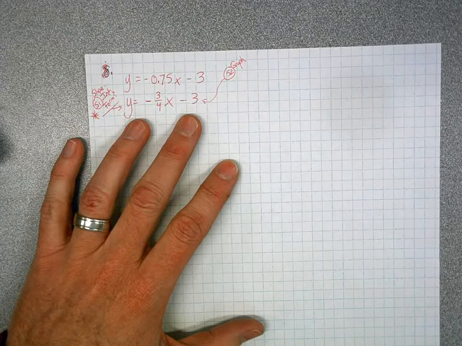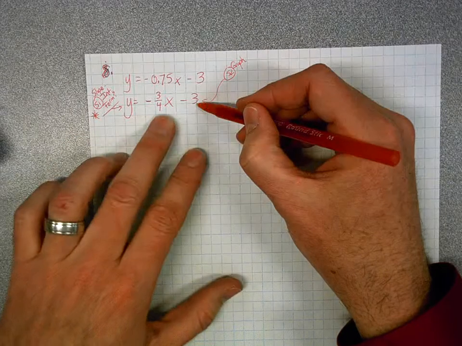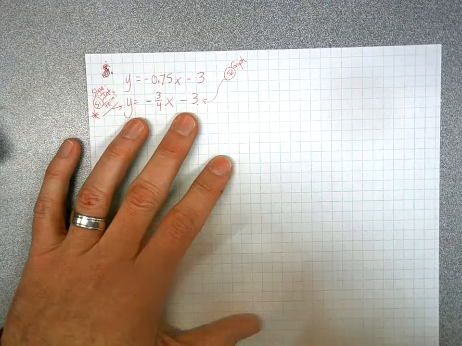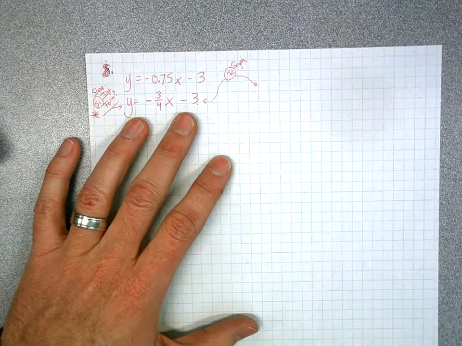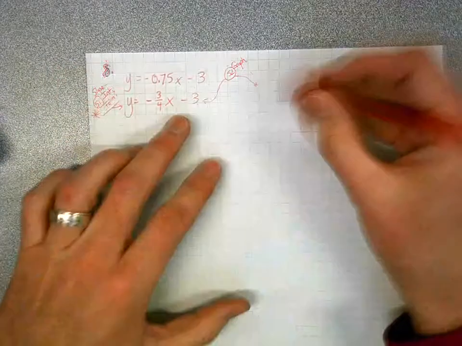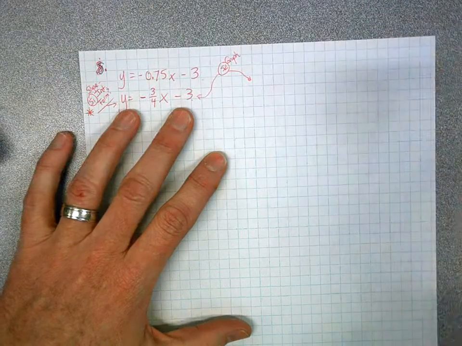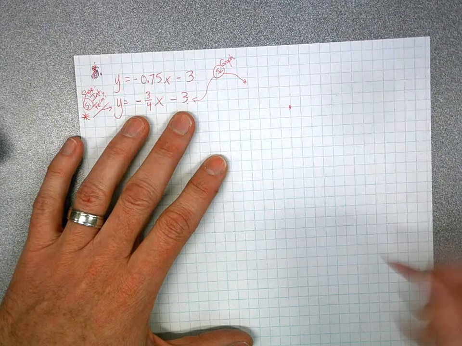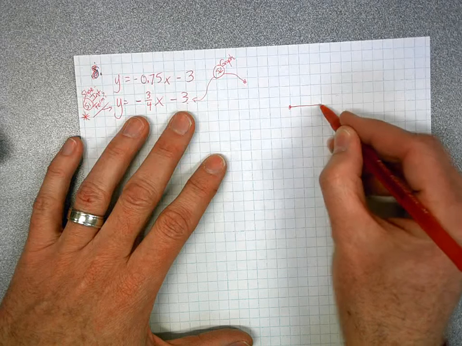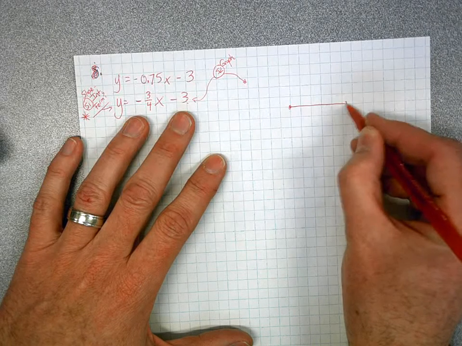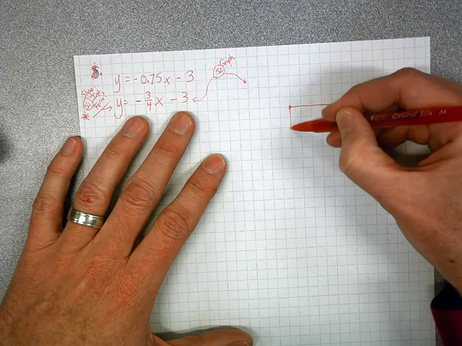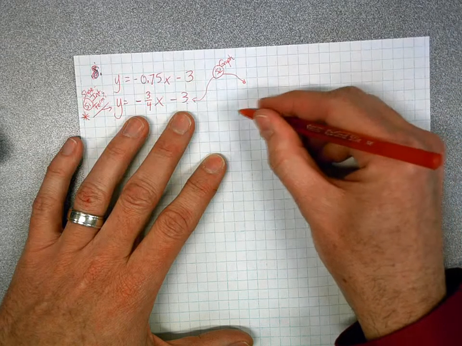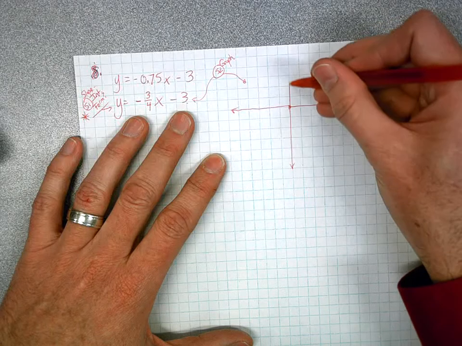So when I make this, I can always extend my graph, but I'm going to make sure it goes at least to the 3's on each side of my graph. I'm maybe going to put my origin right there, so it's 1, 2, 3. I tell you what, I'm just going to make it to 5. 1, 2, 3, 4, 5 in each direction.